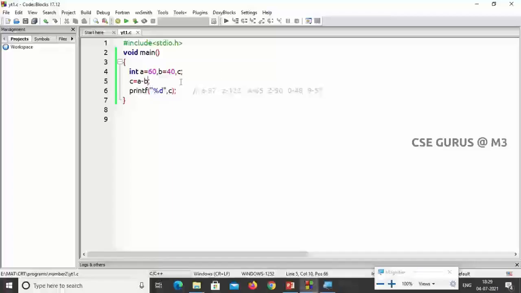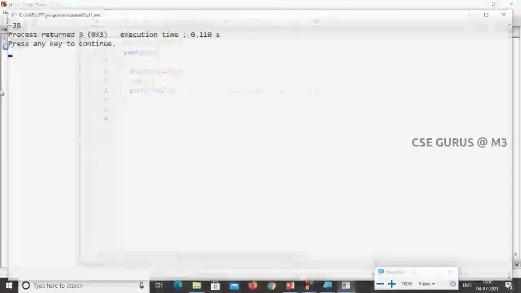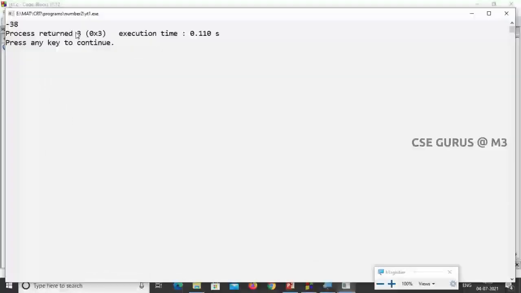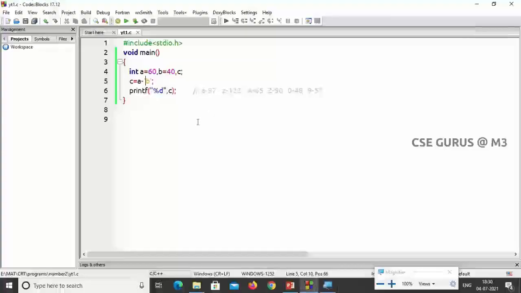Now can I keep B in single quotes? Let me see what happens. B in single quotes, so it has to be 60 minus the B value, which is 98, the ASCII value. So 60 minus 98, you can see the output is minus 38. This is also correct, there is no error.